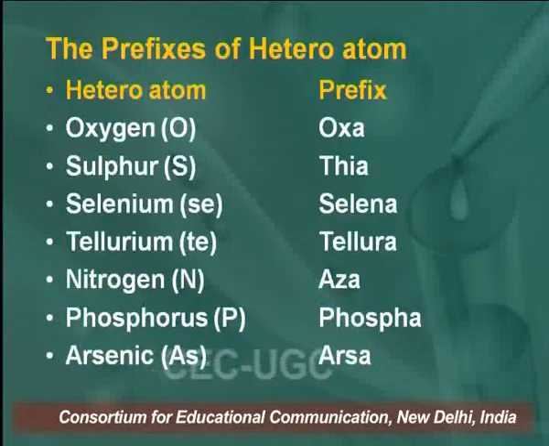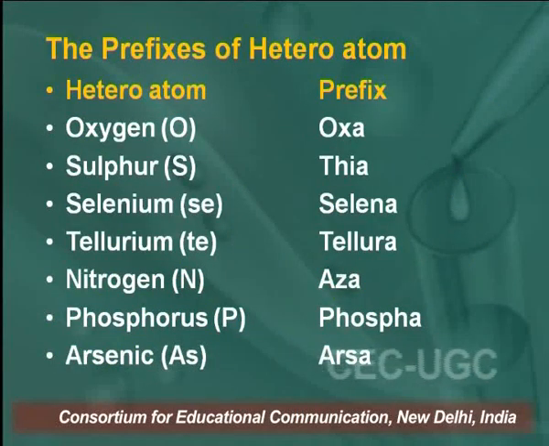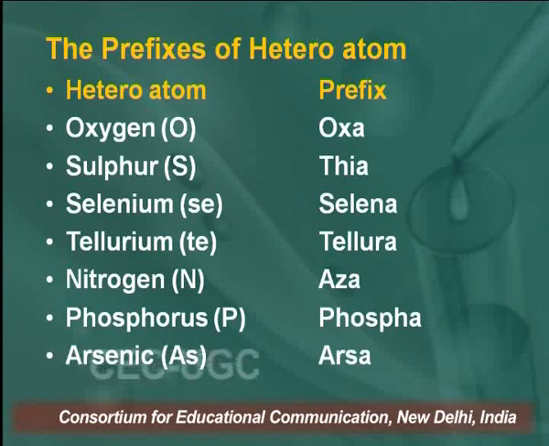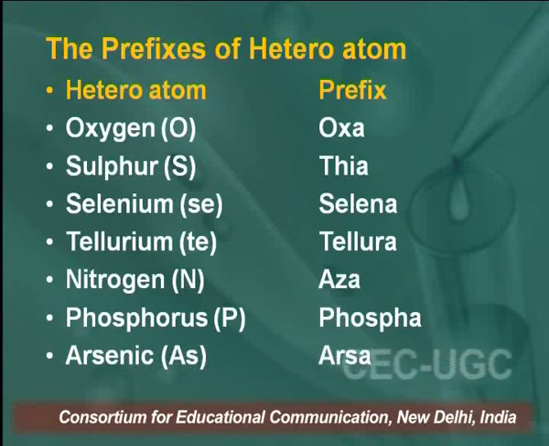Now, we have to learn the prefixes of heteroatoms. How will we give the name as a prefix? Learners, the ring can be 3 membered, 4 membered, 5 membered, or 3 to 10 membered.